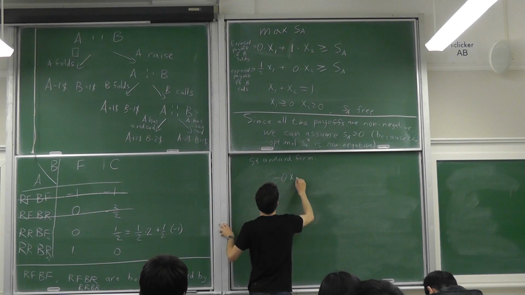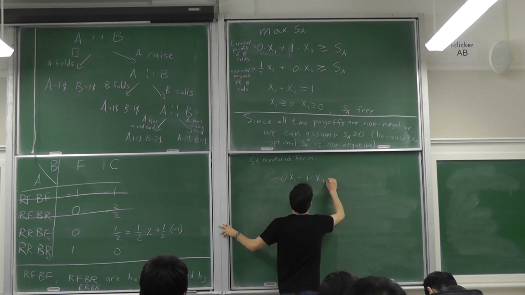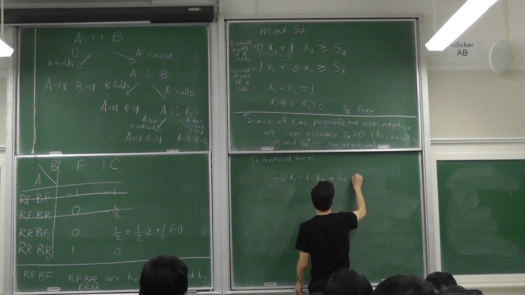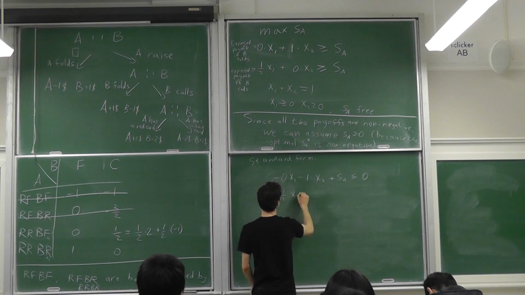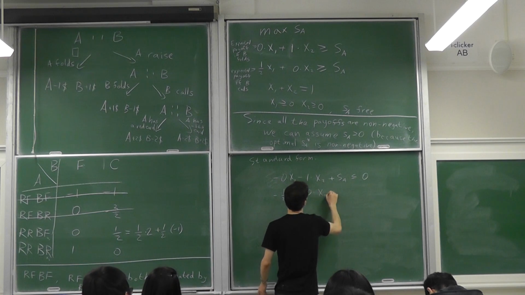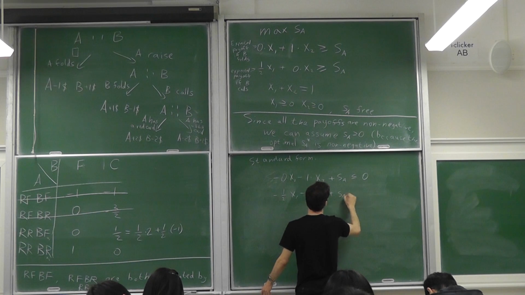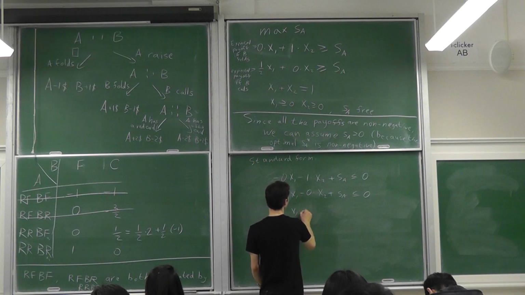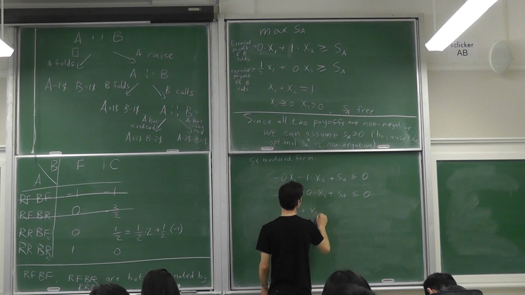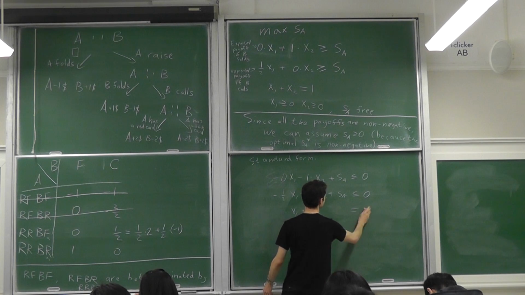Minus 0 times x1 minus 1 times x2 plus SA smaller or equal than 0, minus 1 half x1 minus 0 x2 plus SA smaller or equal than 0, x1 plus x2 is equal to 1.